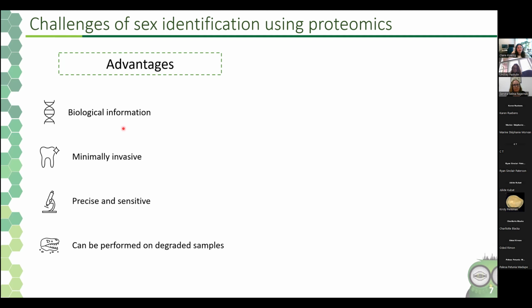Additionally, it can be performed on degraded samples. Unlike histological sex estimation, we do not need a full skeleton to perform sex identification. Only teeth or tooth fragments are required. Therefore, sex identification using proteomics is quite interesting, especially for archaeological research.